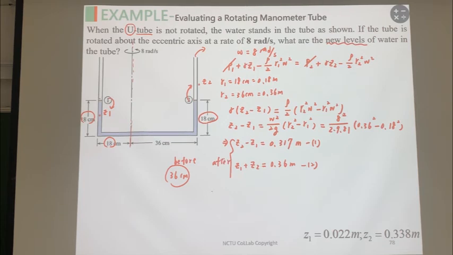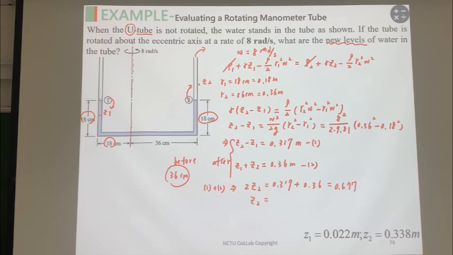In that way, you can simply add equation 1 plus equation 2, so Z1 cancels out. So 2 times Z2 is equal to 0.317 plus 0.36, and this is equal to 0.677.